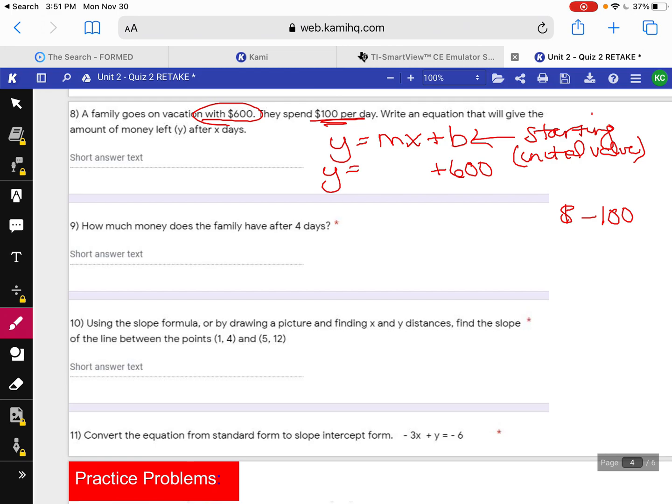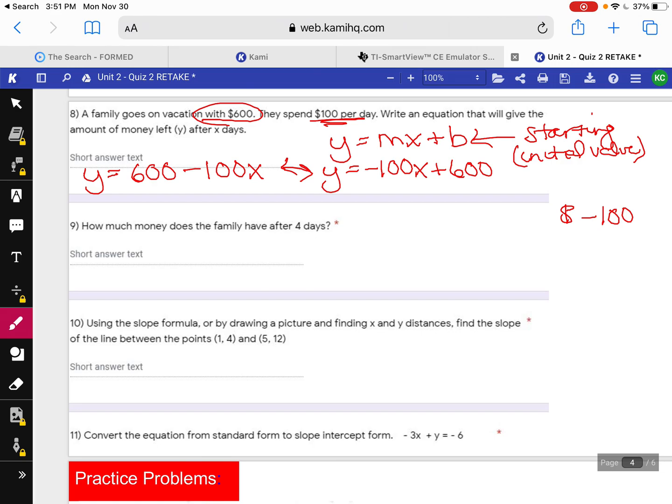So y equals -100x plus 600. Some people like to write this as y equals 600 minus 100x: I had 600, then I'm going to take away 100 for each day. Both of these equations are correct.